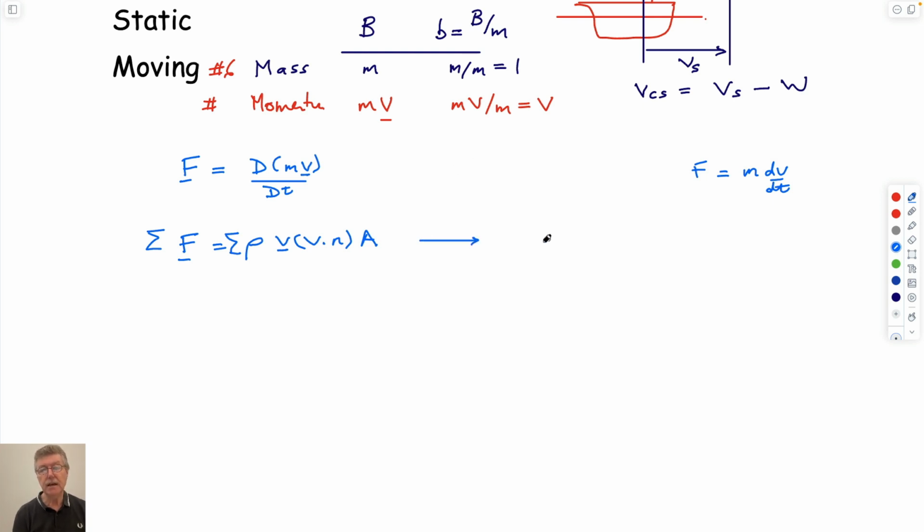And so if we write that out in longhand, it's not particularly scary. It just says that the force in the x direction, force in the y direction, force in the z direction, is equal to, I guess, density Vx, Vy, Vz.